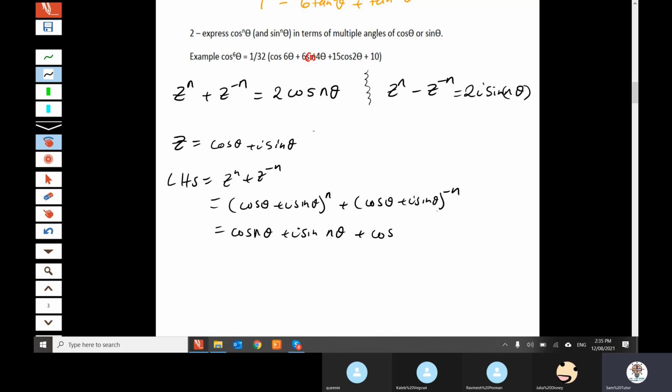What's cos of negative n theta? What's sine of negative n theta? So what do these two become? Cos negative n, sine negative n. In terms of positive and negatives, that's all I'm talking about.